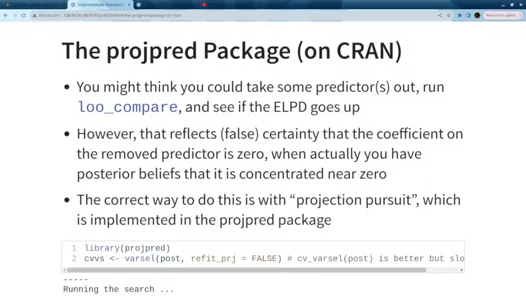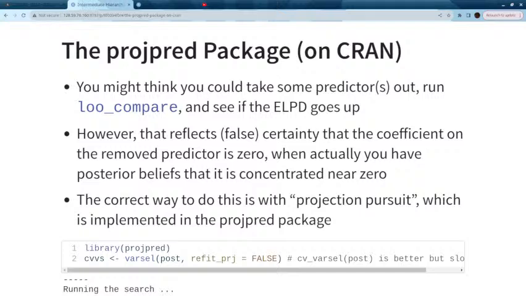You can look at the posterior distribution, and it's centered around 0 maybe, but you still have posterior uncertainty as to whether it's exactly 0. So what the ProjPred package does is retain the original uncertainty, but incorporate it into the predictions from a submodel of the big model. So you still get the right uncertainty, even though you're getting a simpler model.